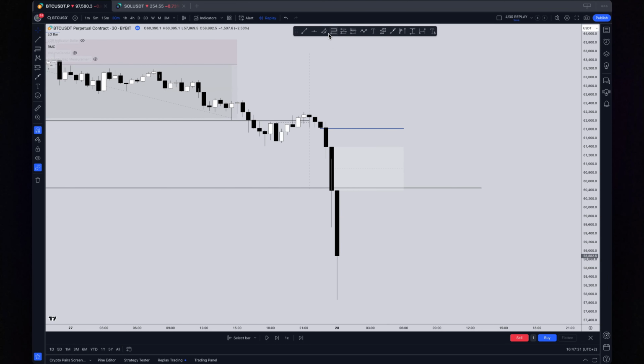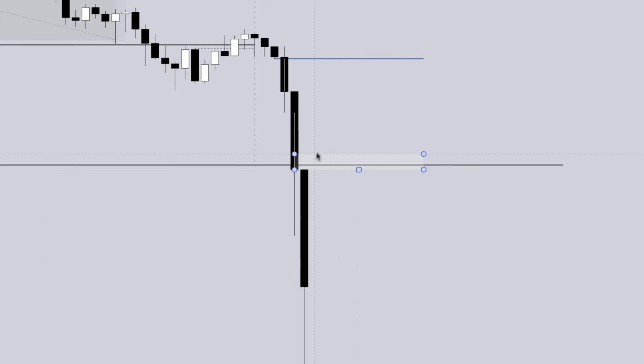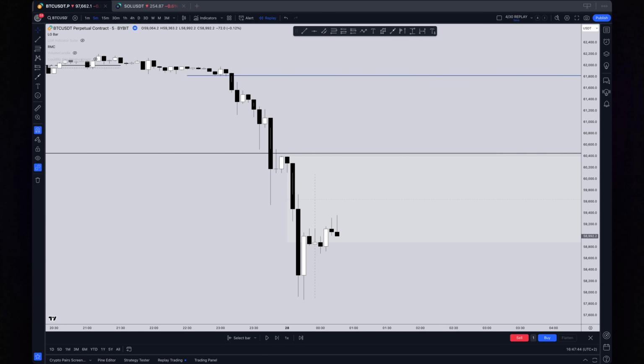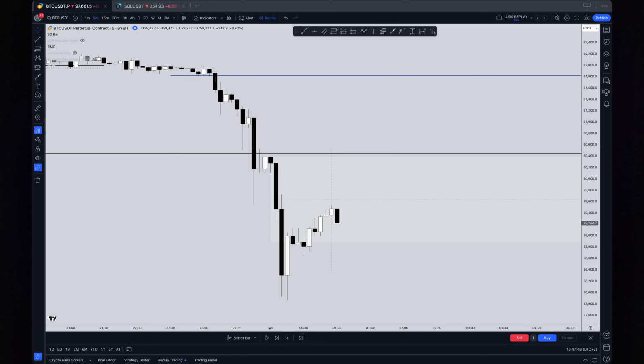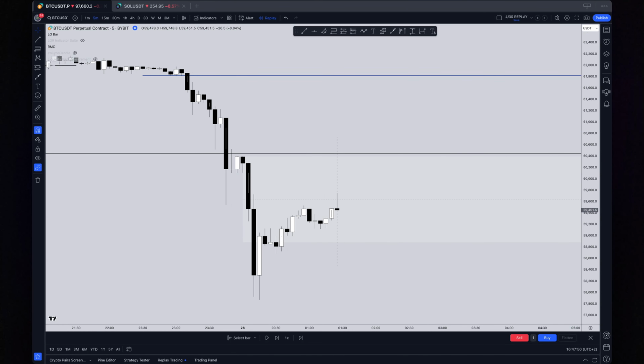Okay, that's a new candle. Nice spike at the EQ.